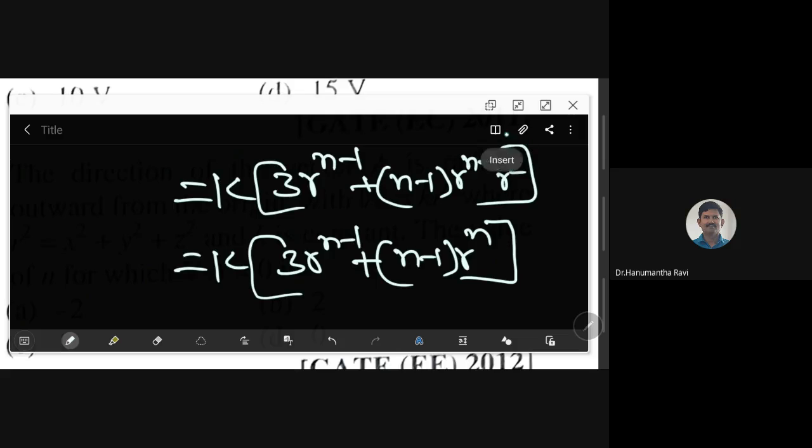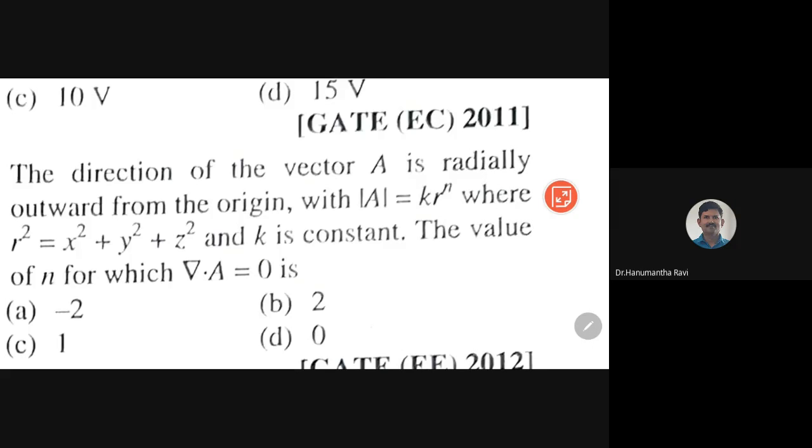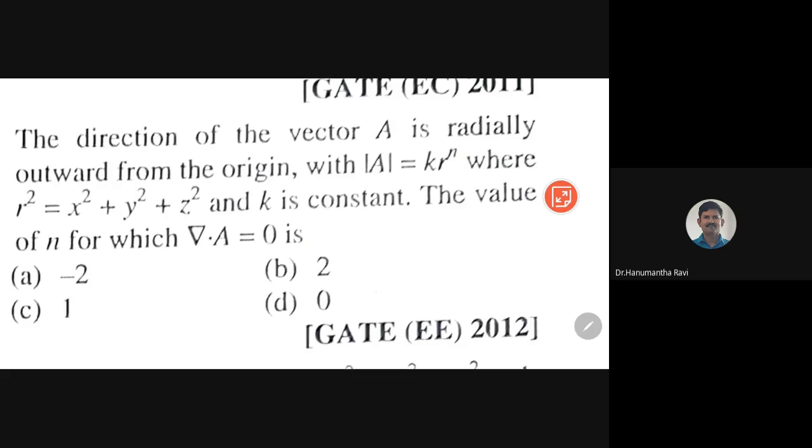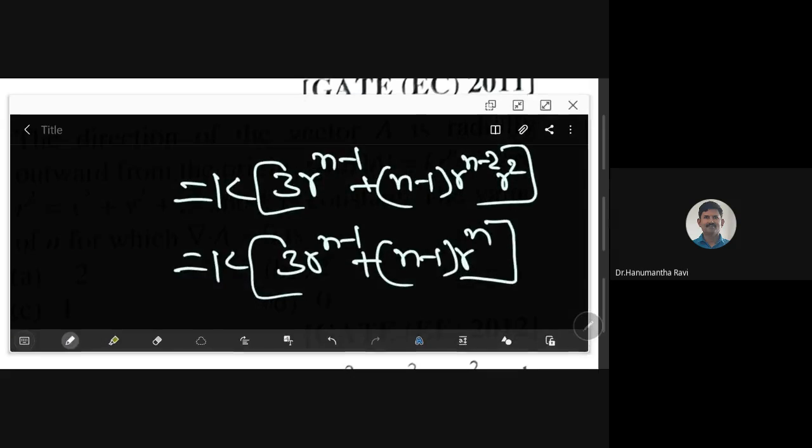So for this to be 0, k must be equal to 0, or we are asking for the n value. You can easily see when this can be equal to 0.